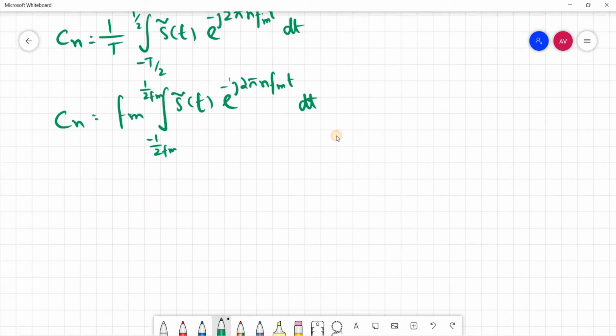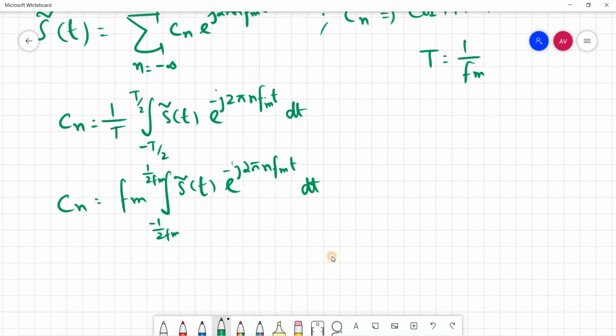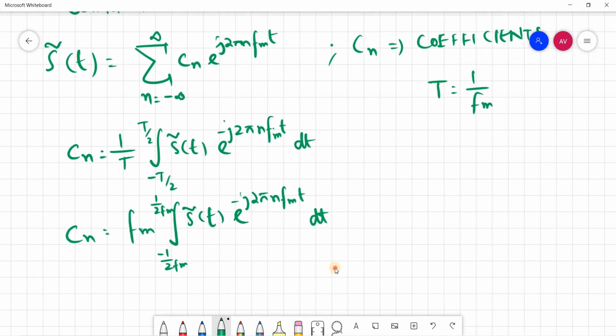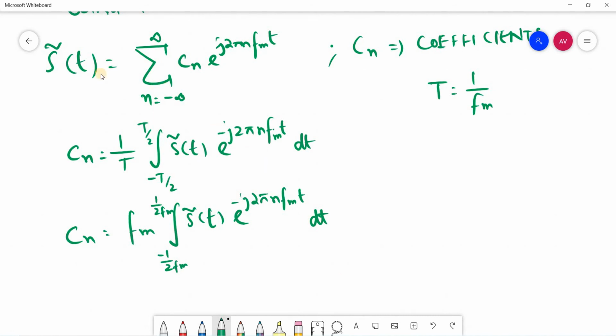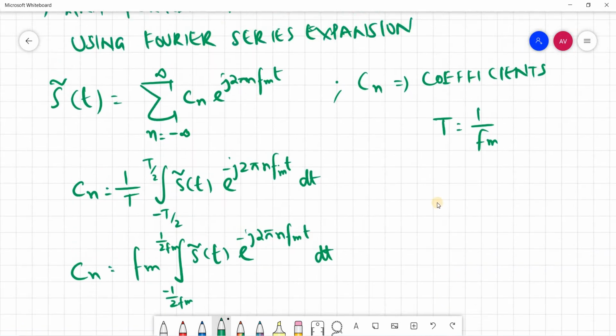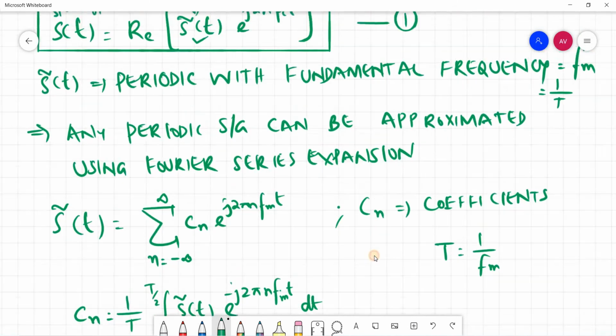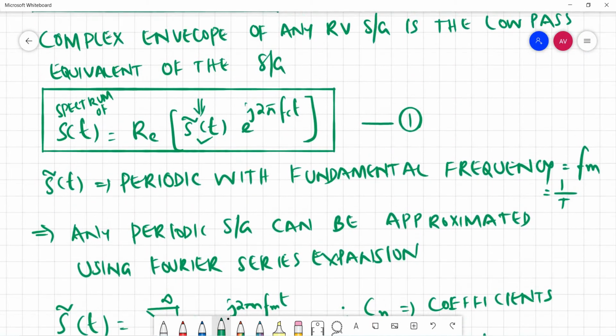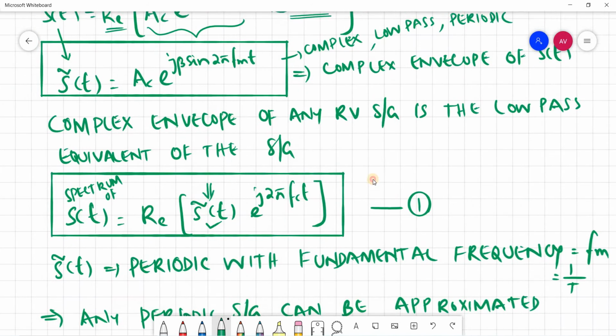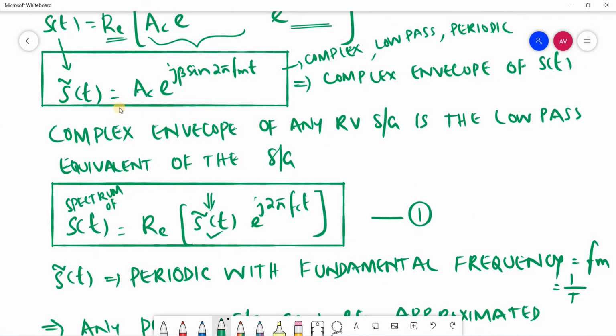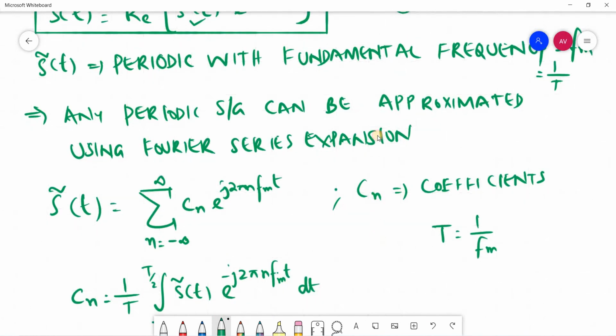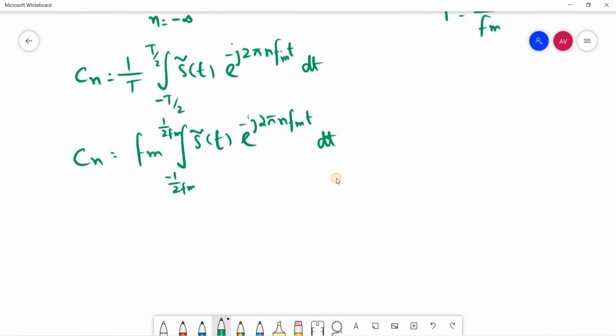So now we can try to find the Fourier series coefficients of s tilde of t. s tilde of t, in turn, is equal to summation n from minus infinity to infinity Cn e power j 2 pi n Fm t, and that is also equal to, as we have seen here, AC e power j beta sine 2 pi Fm t. So now if I substitute this value of s tilde of t in the expression for Cn and simplify, we will get the general expression for Cn.